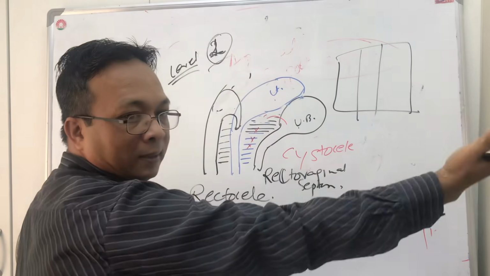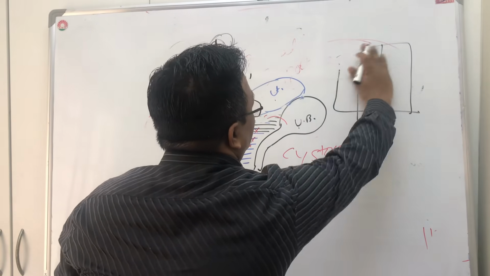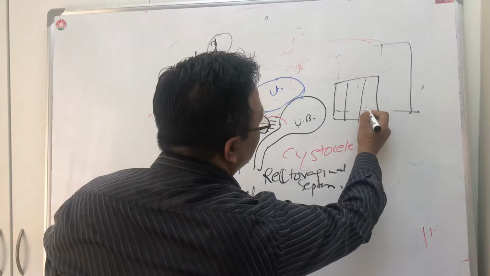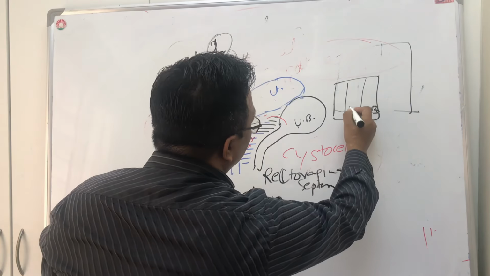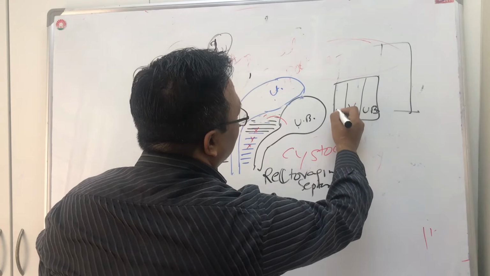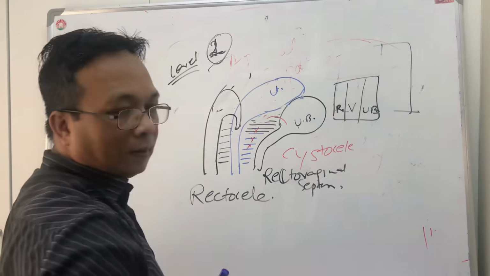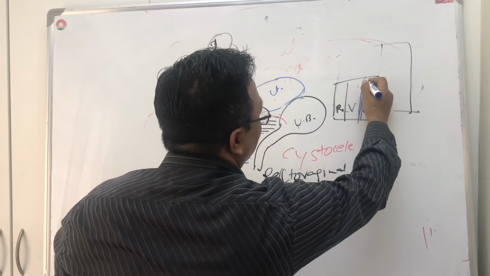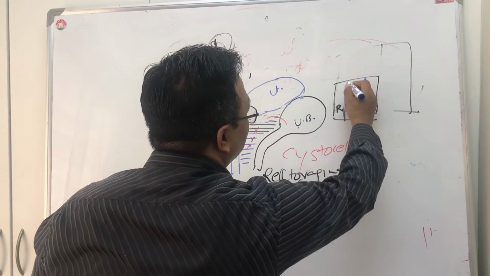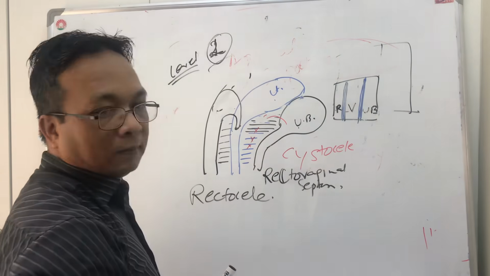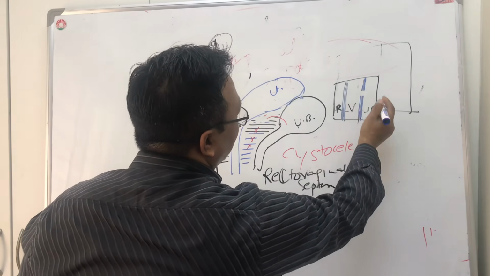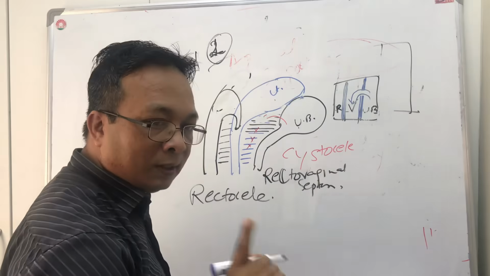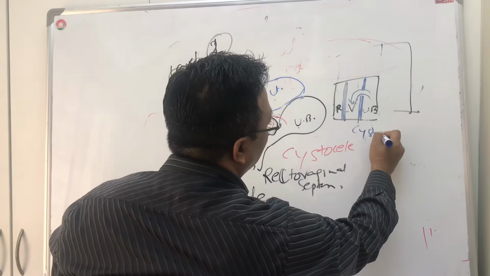From the anterior to the posterior, this is the urinary bladder, this is the vagina, and this is the rectum, and these are the 2 septums here. This is the anterior septum, this is the posterior septum. When there is a septum defect here, the urinary bladder will come through the vagina. We call this a cystocele.